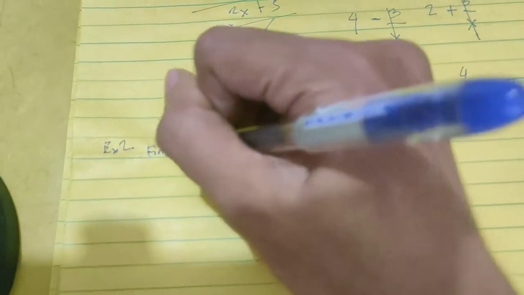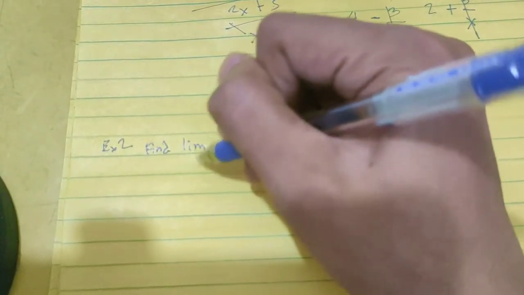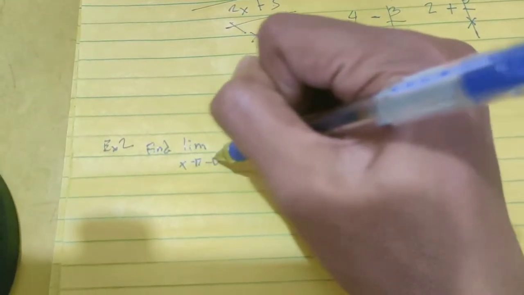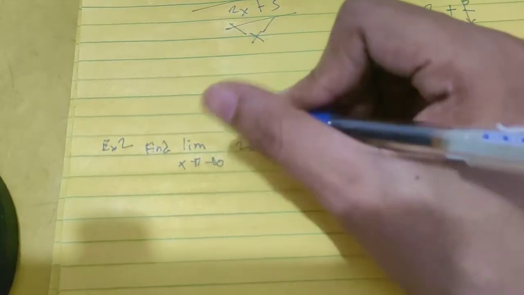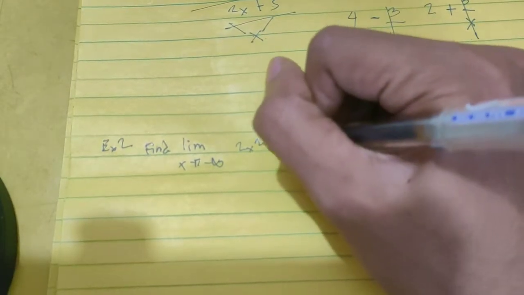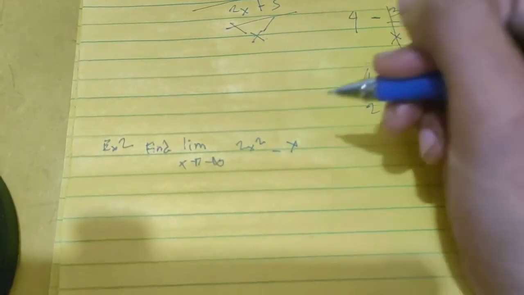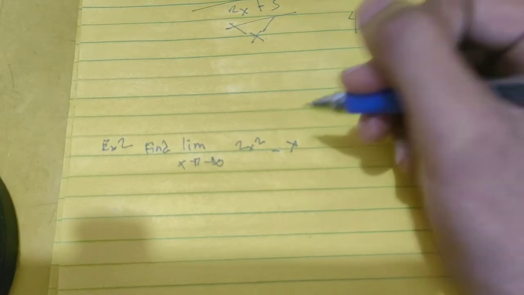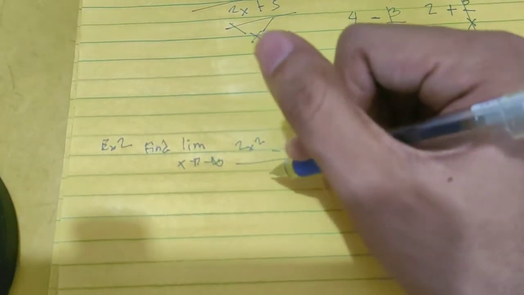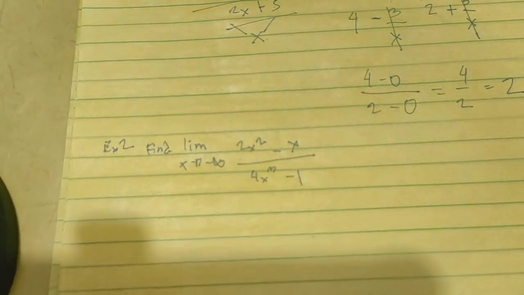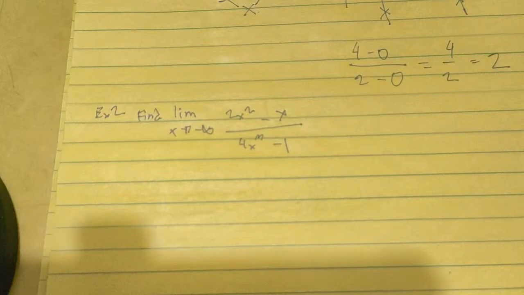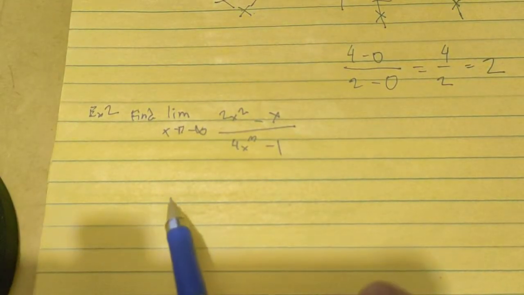Find the limit as x approaches negative infinity of (2x squared minus x) over (4x squared minus 1). So what we did in example number 1, we also follow.